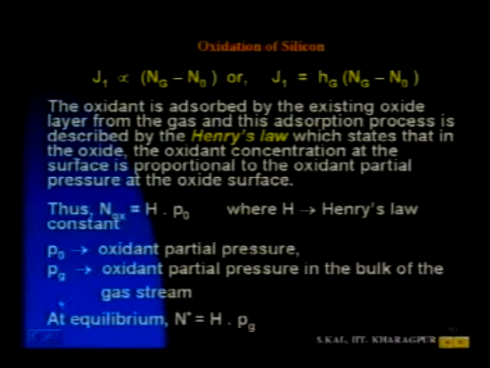Similarly, we define another term, Pg. Pg is the oxidant partial pressure in the bulk of the gas stream, whereas P naught is at the oxide surface. At equilibrium, N star will be the oxidant concentration in the oxide, so N star is equal to H into Pg.